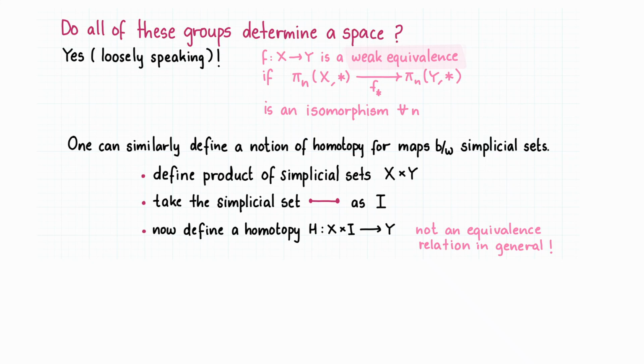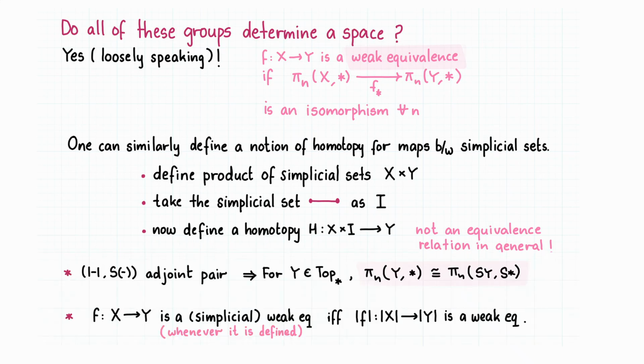Then you can also define a simplicial sphere: you take your n standard simplex, take its boundary, and look at the simplicial set whose geometric realization is this boundary, and that would act as your sphere. That way you could also define the homotopy groups for each n. Homotopy in this case is not an equivalence relation in general, but in the situation that we are talking about, it is an equivalence relation.